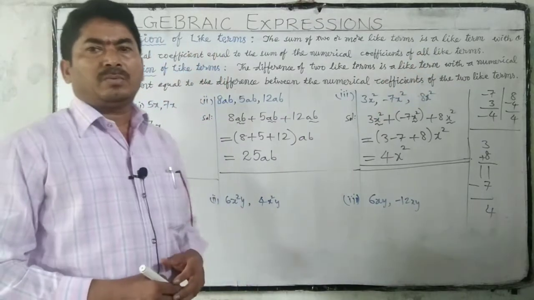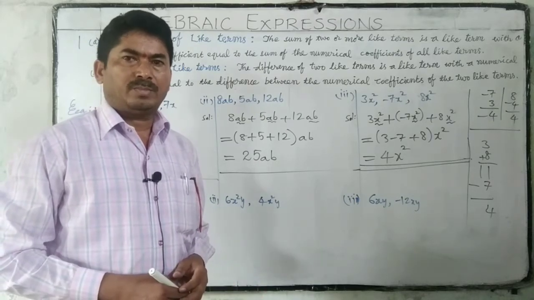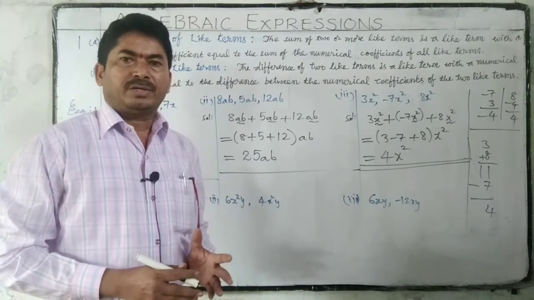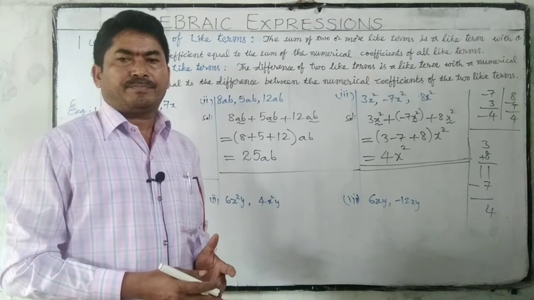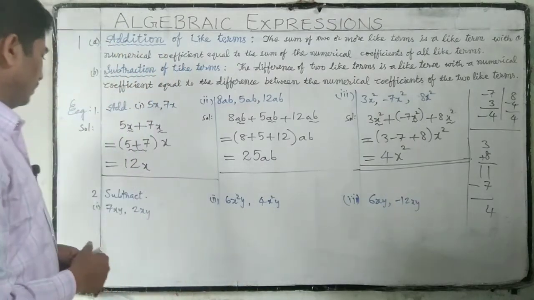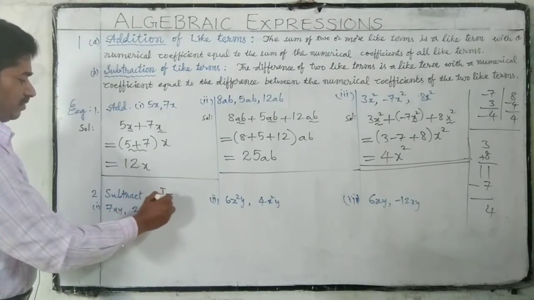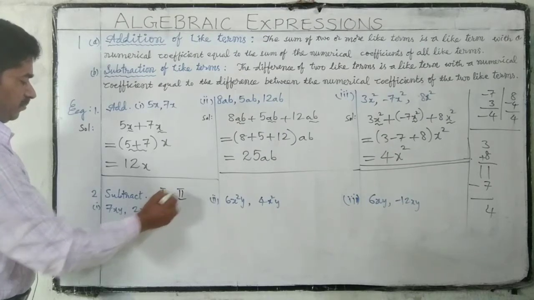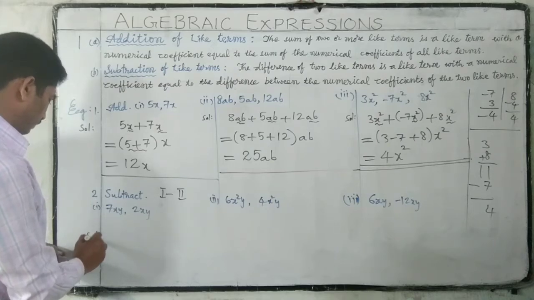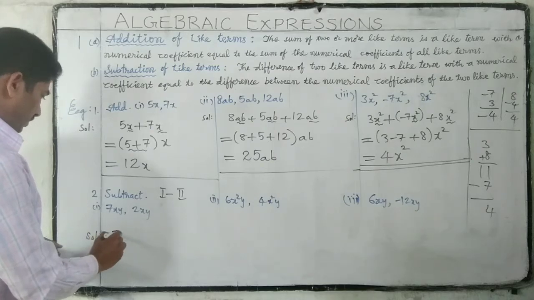So the coefficient is equal to the difference of the coefficients of the like terms. Here we subtract the first like term minus the second like term. Using this concept we can solve this.